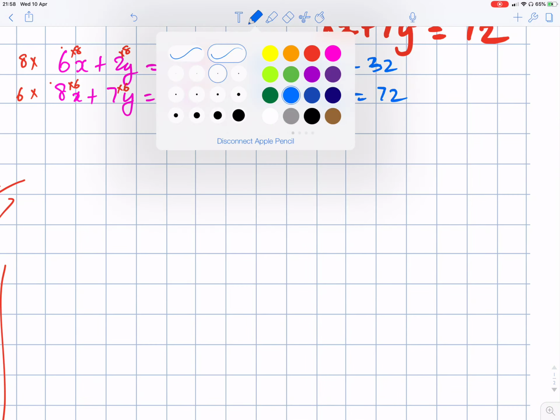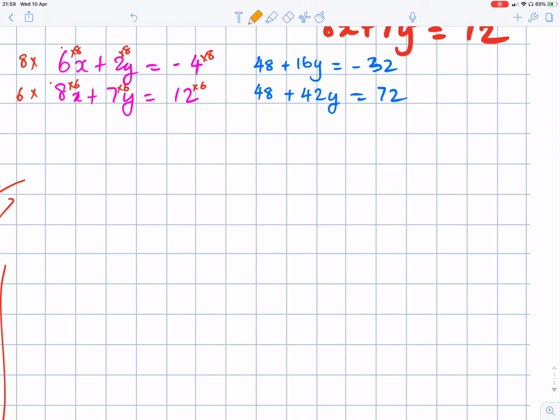Then what you do is multiply this by a minus, because you're going to subtract. So that becomes minus 48x minus 42y, it should be 42, equals minus 72.